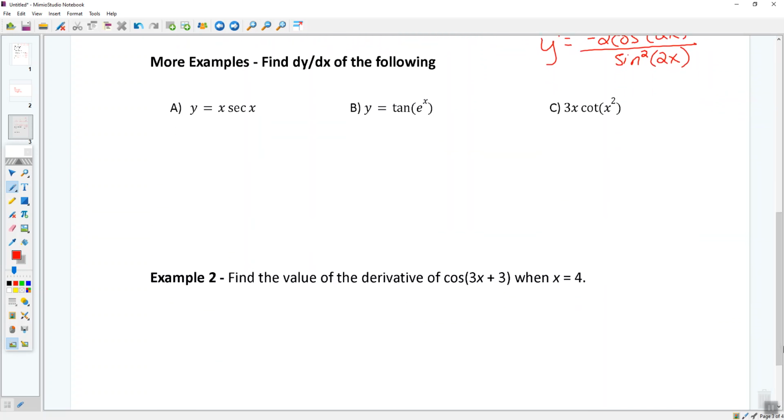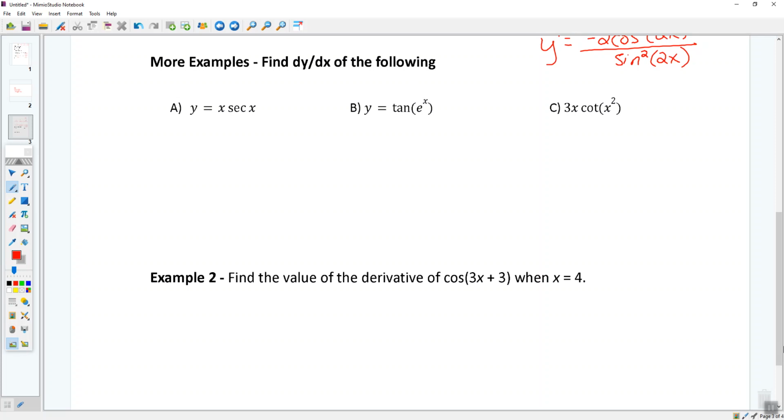Next one, more examples. Find the derivative of y with respect to x. The next one says y equals x times the secant of x. So there's some trig rules involved here. Last 3 examples had some chain rule applications with those trig functions. What else is coming along with this trig function now, kids? Times x.